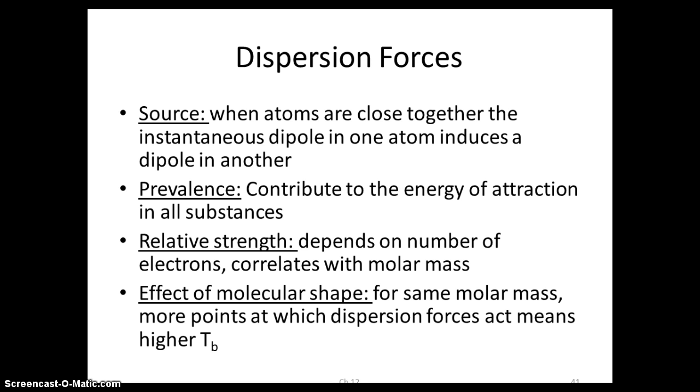So if you have two things that are the same molar mass, one of them is probably going to be more spread out, and so you're going to have more points at which dispersion forces can act, which means it's going to have a higher boiling point. And we'll talk a little bit about that later. Actually, in the next slide.